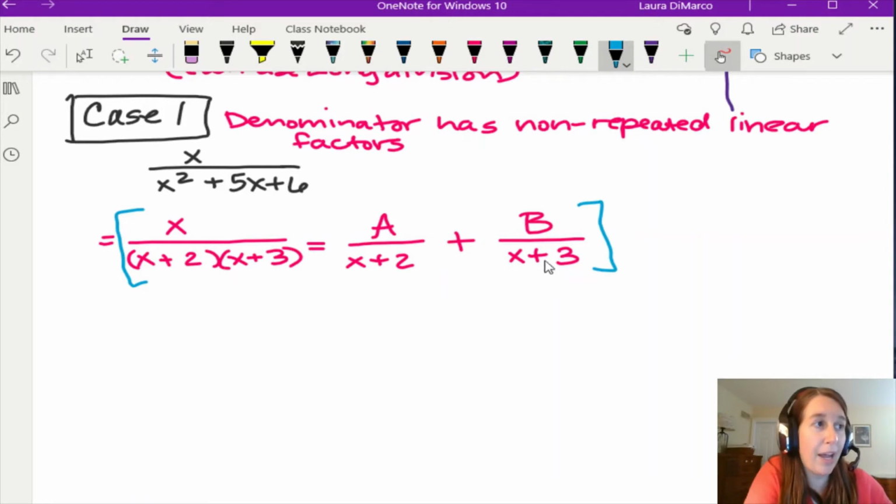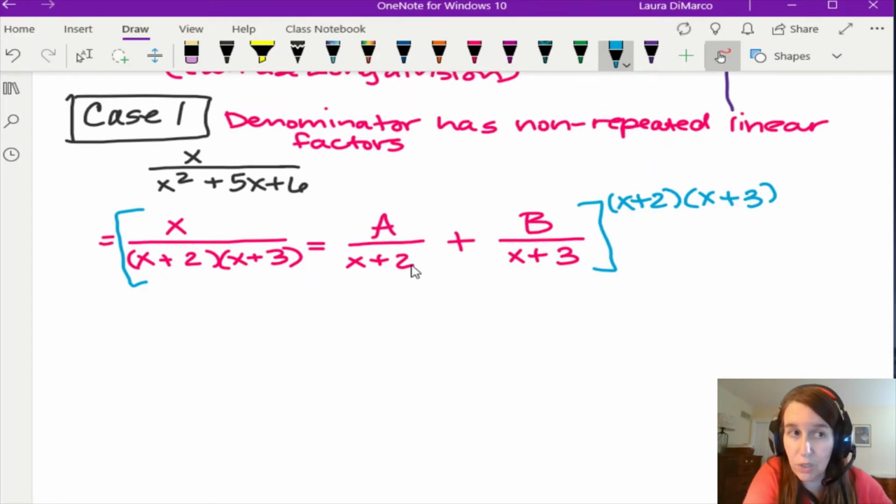Multiply by the LCM, the least common multiple, which means that we need to have every piece of the denominator in what we're multiplying. So we need an x plus 2 and we need an x plus 3. That will also take care of this x plus 2 denominator and this x plus 3 denominator.